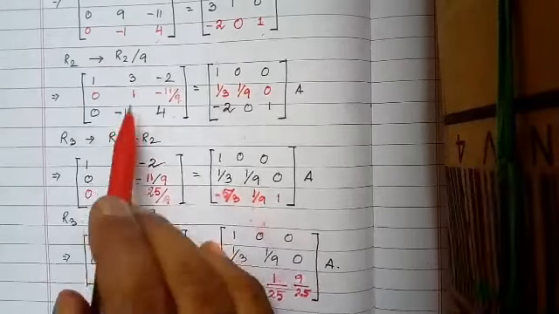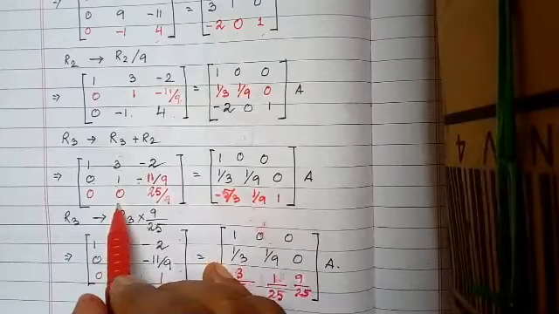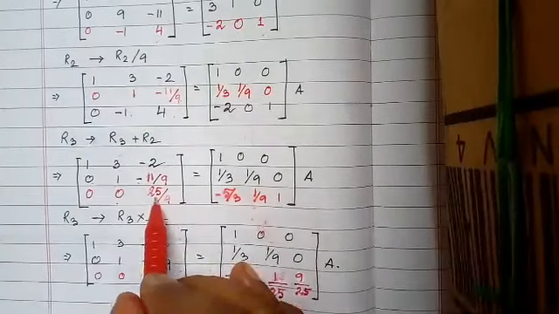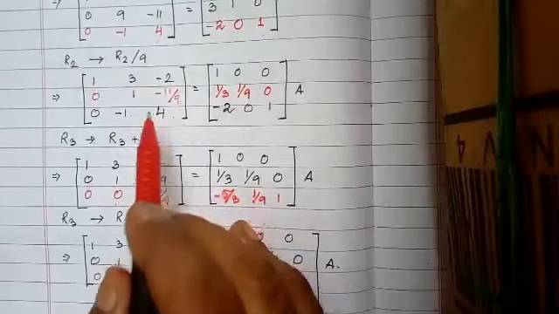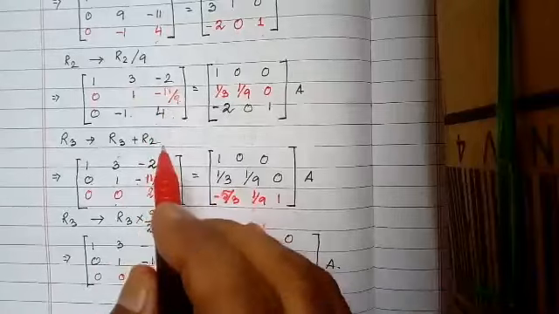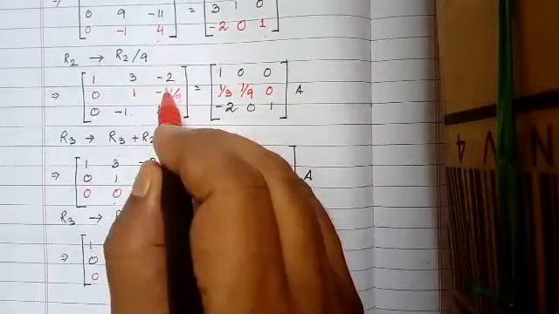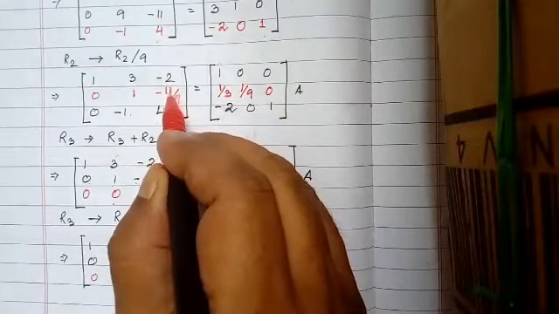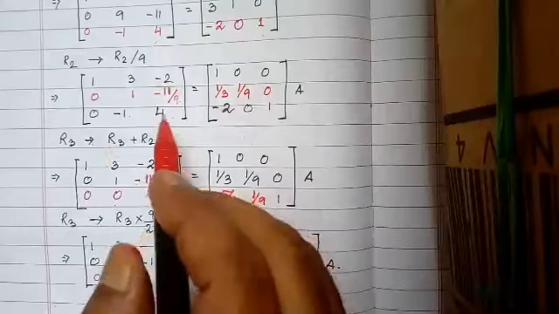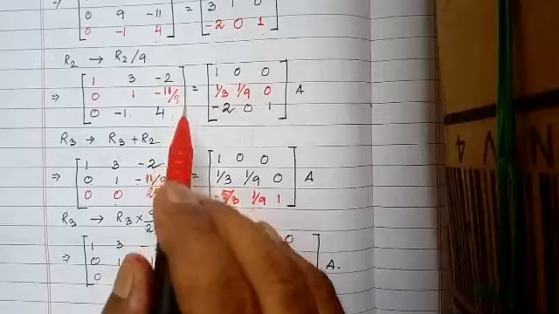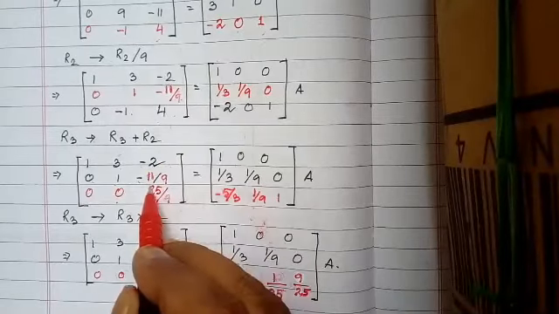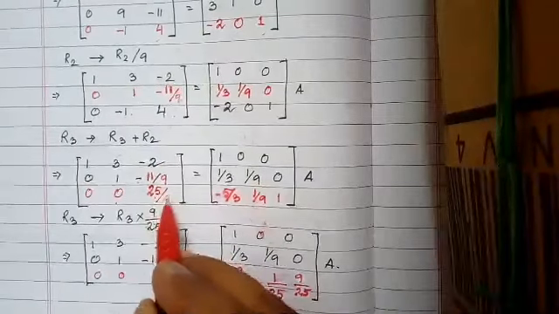If we add these two, 1 and minus 1, this is 0. And for this one, R3 plus R2, there is 4 plus minus 11 by 9. Now 4 plus minus 11 by 9 means 4 minus 11 by 9. 4 nines are 36, minus 11, that is 25. So 25 by 9.